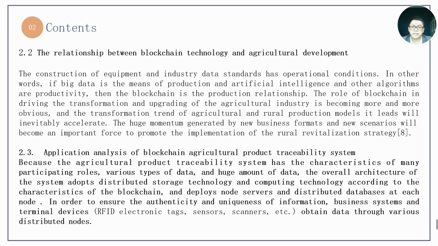2.3 Application analysis of blockchain agriculture product traceability system. Because the agriculture product traceability system has the characteristics of many participating roles, various types of data, and huge amount of data, the overall architecture of the system adopts distributed storage technology and computing technology according to the characteristics of the blockchain, and deploys node servers and distributed databases at each node.